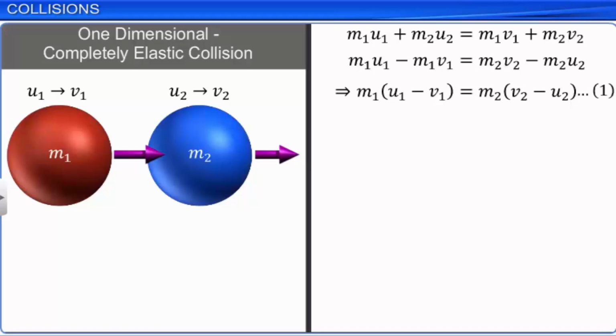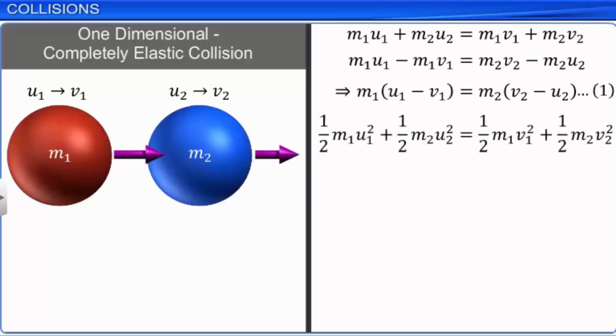Since the total kinetic energy is also conserved in an elastic collision, we have 1/2 m1u1² + 1/2 m2u2² = 1/2 m1v1² + 1/2 m2v2², or m1u1² + m2u2² = m1v1² + m2v2².